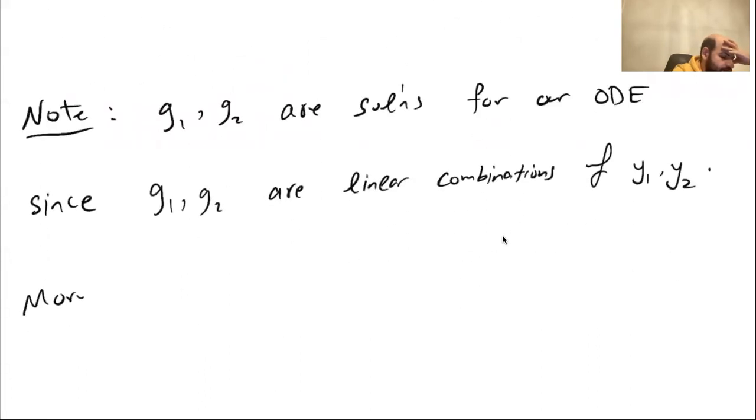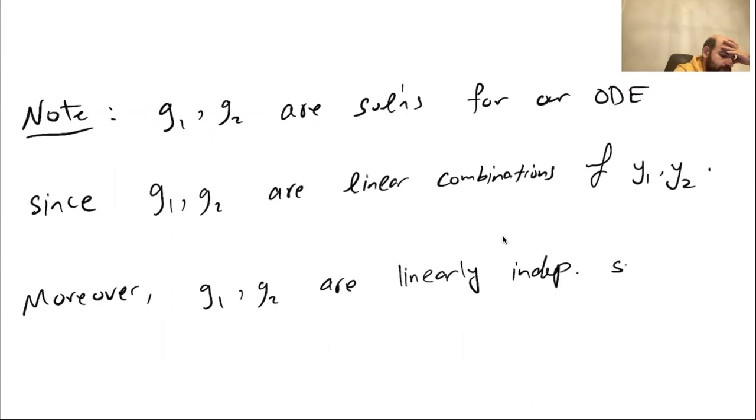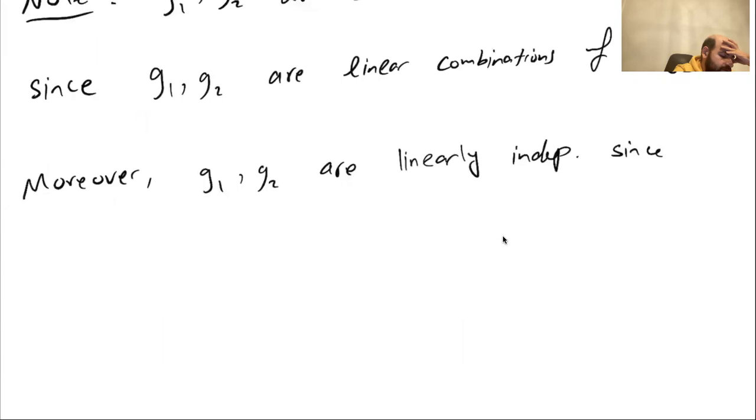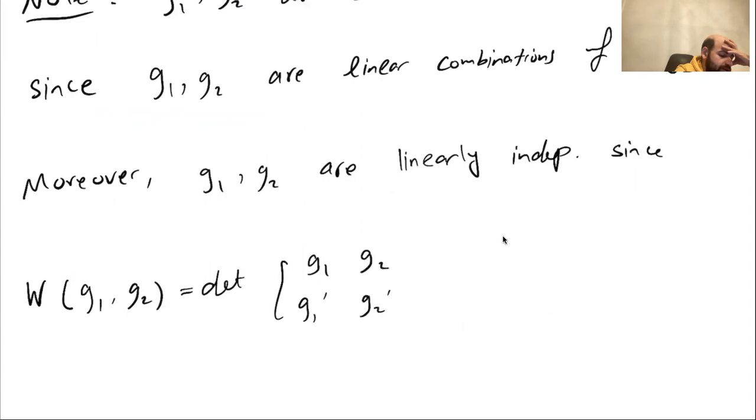Moreover, G1 and G2 are linearly independent, since I can use the Wronskian here. Wronskian of G1 and G2 is the determinant of G1, G2, G1 prime, G2 prime.